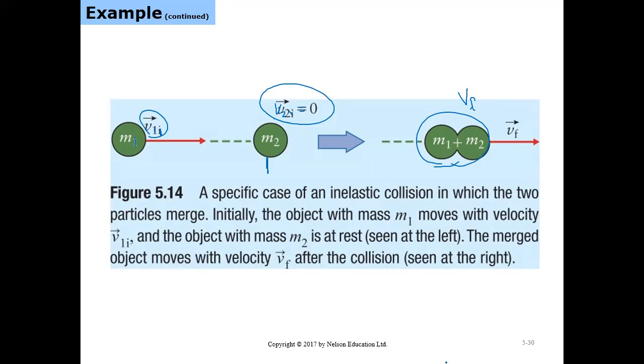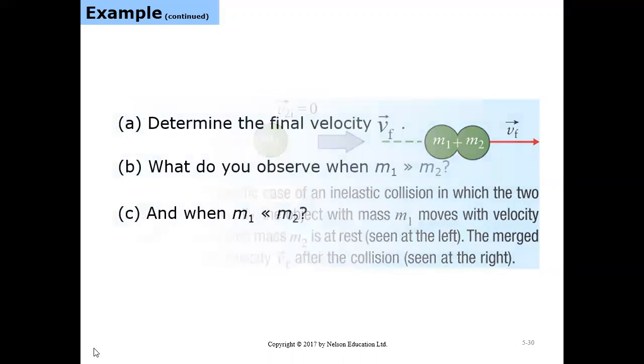Let me call it vf. If we know m1, m2, and v1i and v2i, of course v2i is given as 0, can I find the final velocity after the collision? Yes, because we now have an equation, the conservation of momentum. So let's see how it is done.